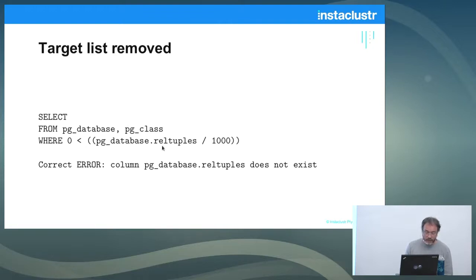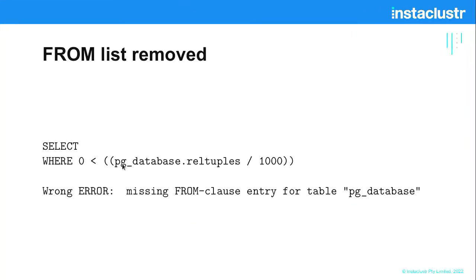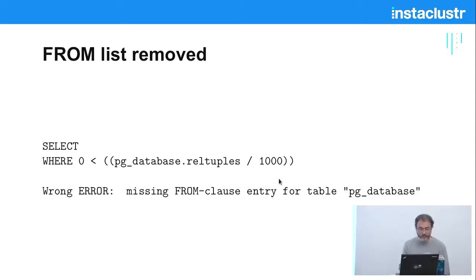Now, the first non-successful reduction step happens, namely the entire from list is removed. We try this, select where something, but now the error message is different. It's still talking about pg_database reltuples, but in this case, the error message is not missing column, but missing FROM-clause entry for some table. So we have to go back to the step before and look at something else.